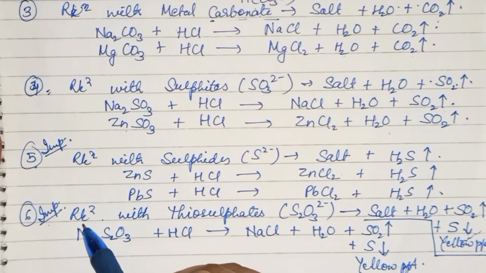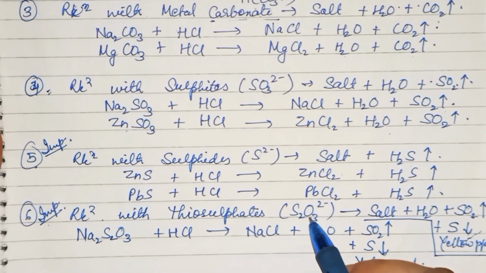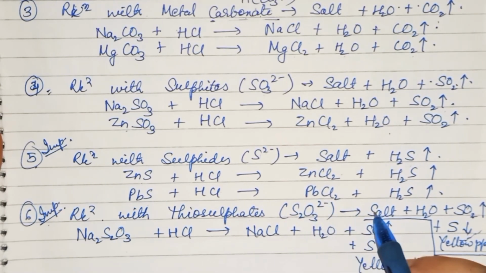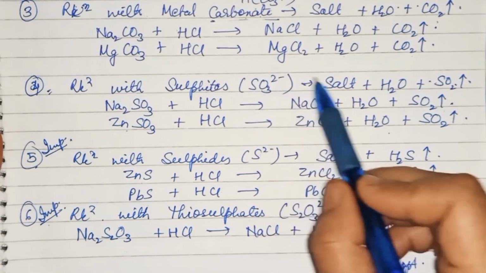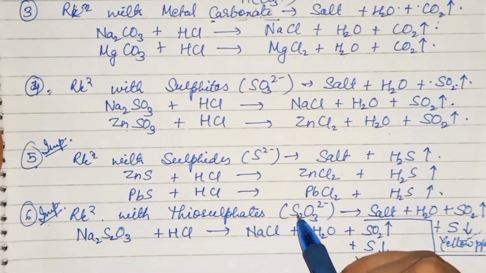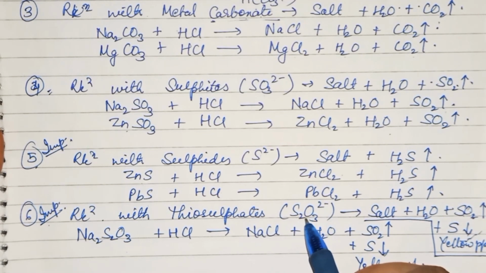Now next is reaction with thiosulfate, that is S2O3 2 minus. It will give salt and water. See here, children, SO3 2 minus will give SO2 gas. In S2O3, SO3 is present, so SO3 will give SO2 gas. SO2 is removed and only S is left, so that S forms a yellow precipitate.